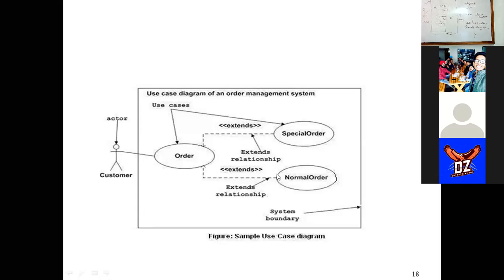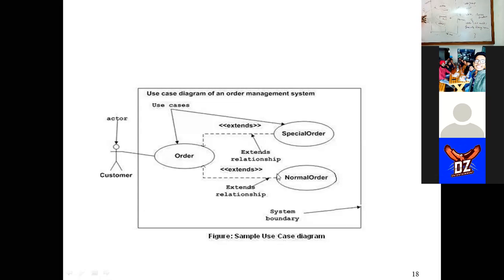Here in the PPT, only a single use case is extended to special order and normal order. But it is up to the developer, or the modeler, how many use cases he or she wants to put in the work, because every kind of detail and dynamic behavior is to be shown in diagrammatic form for better understanding of your problem.